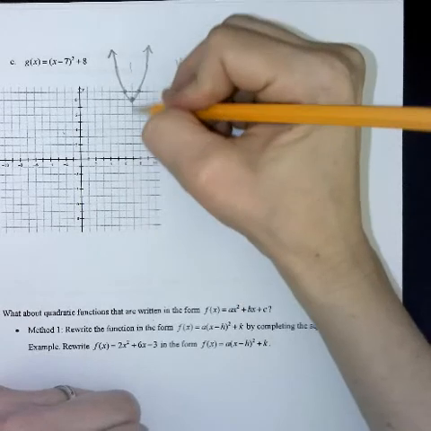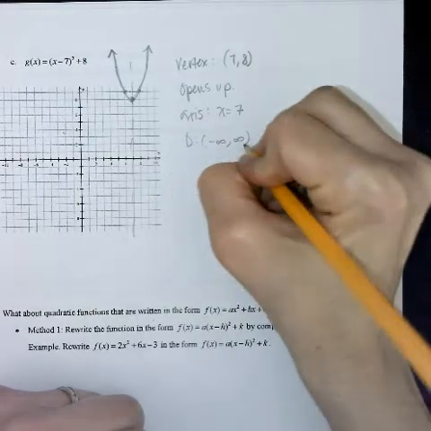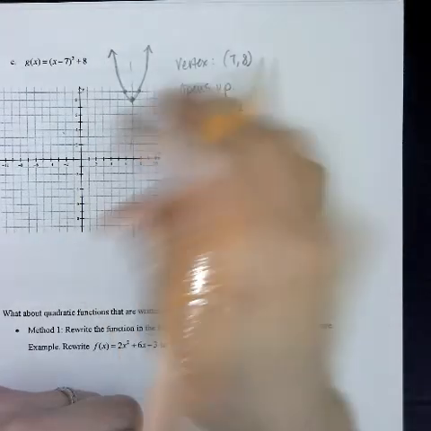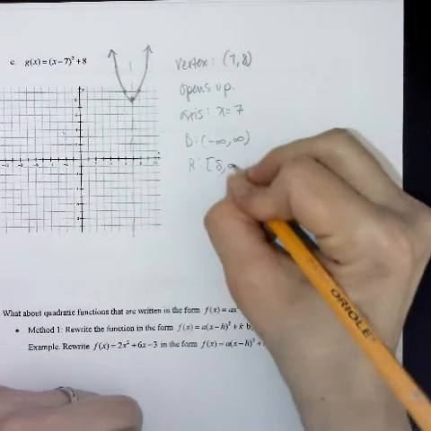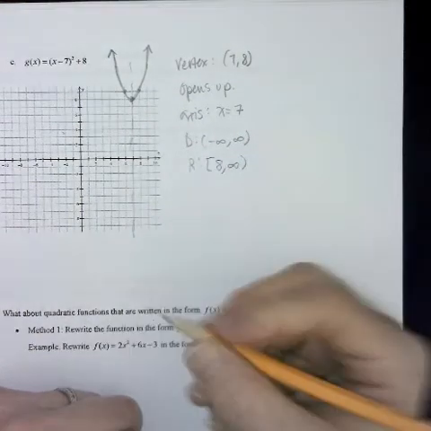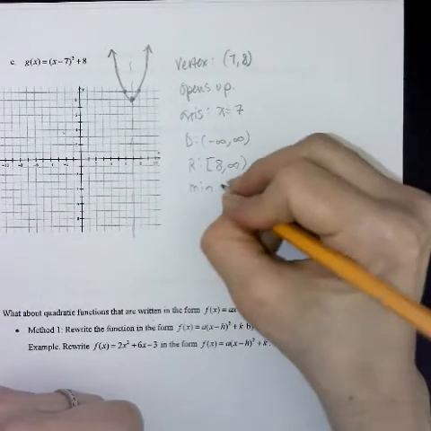Domain is all reals. Range, you see this one has the smallest value at 8, and then goes to infinity. And again, the smallest value, so it's a min of 8 at x equals 7.